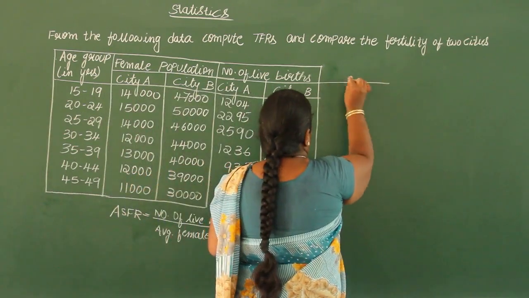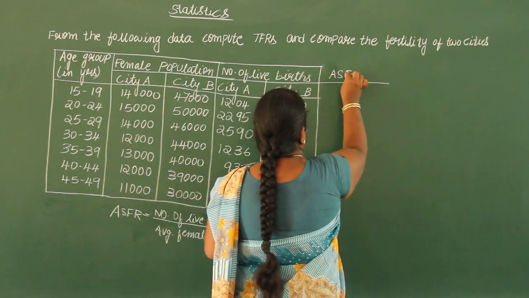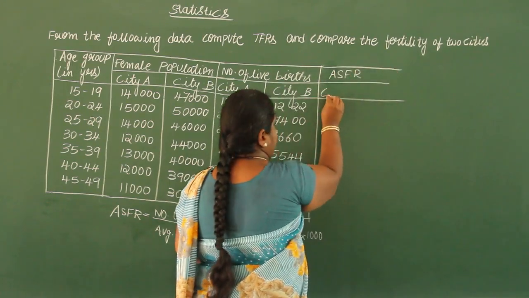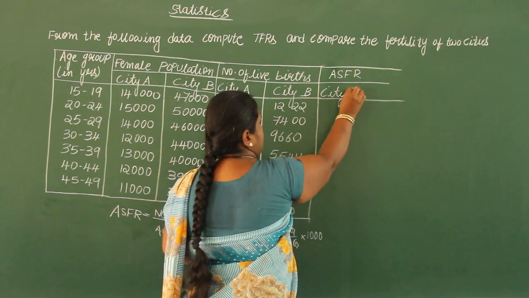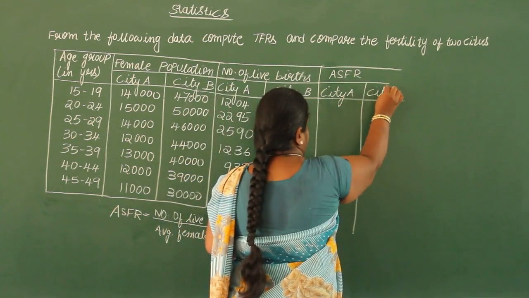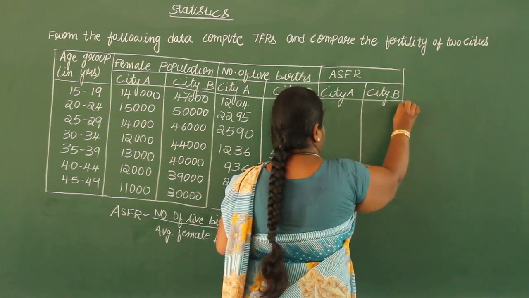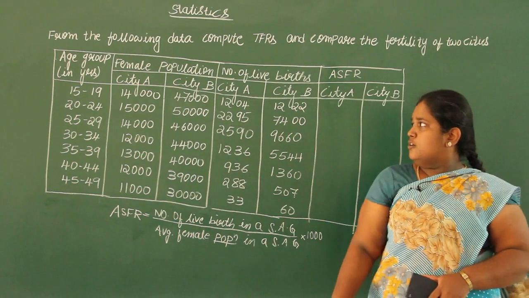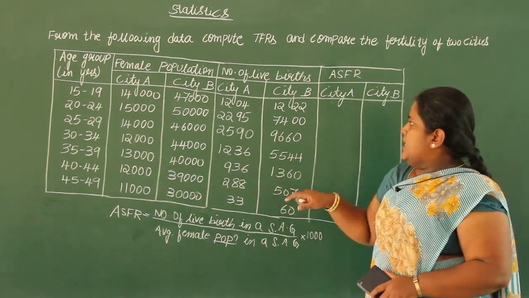Then calculate ASFR. So you are doing ASFR now. You have to calculate separately for city A, then separately for city B. So it is similar to doing two problems. Now you have to calculate the ASFR values.